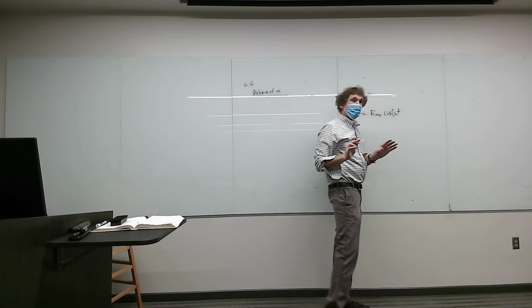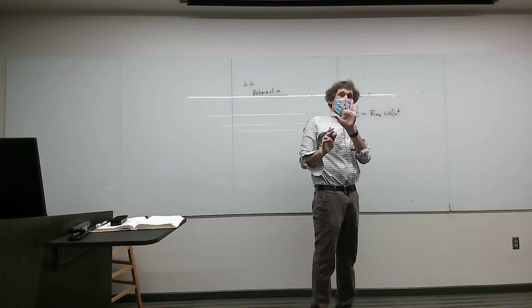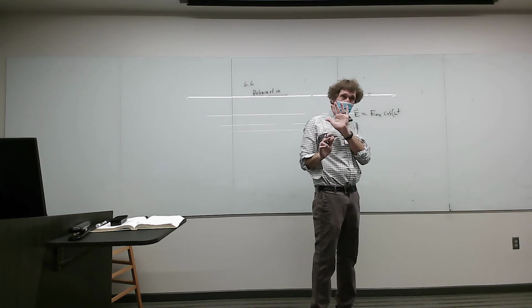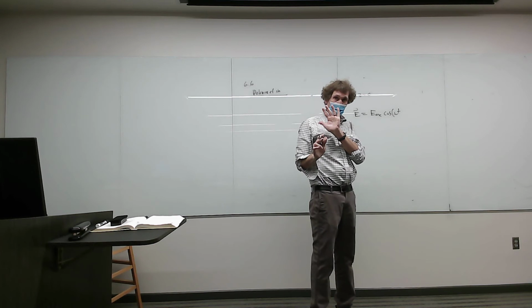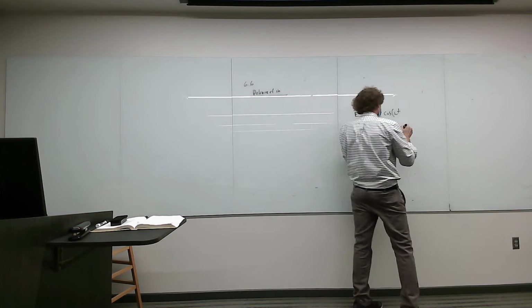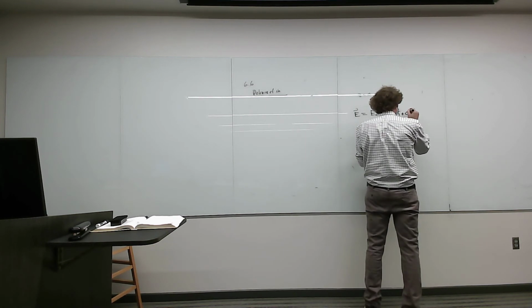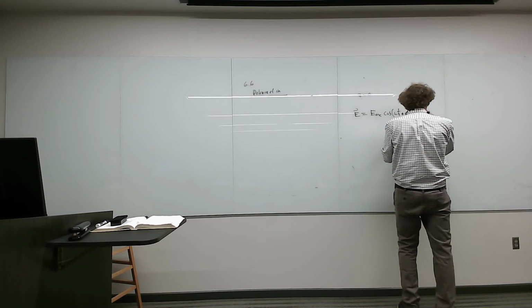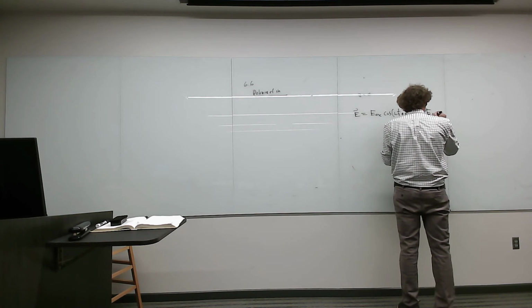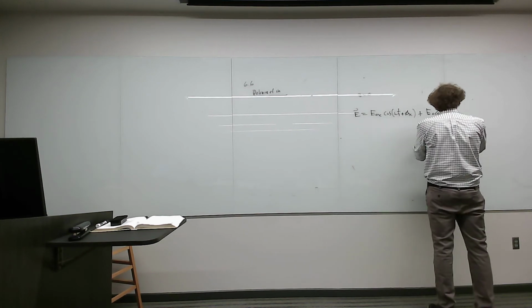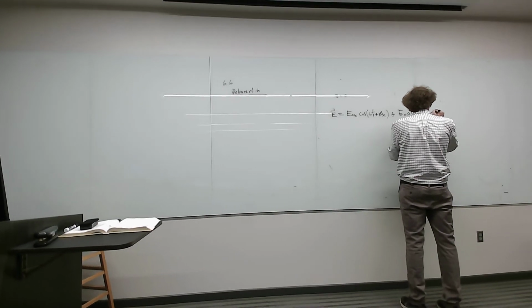Now there's no beta z here because it's not propagating. It's already just at z equals 0, right? So there's no beta z term here. Follow me? And it's going to be plus some phase angle phi x. Then it's going to be plus E naught y times cosine of omega t plus phi y.